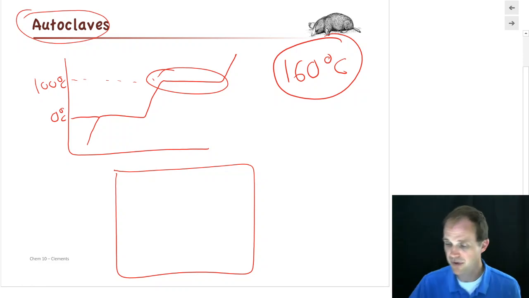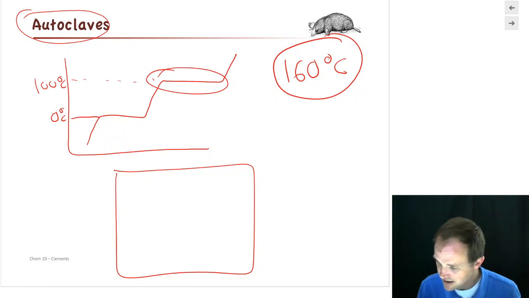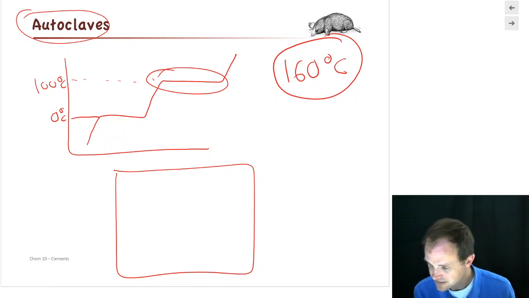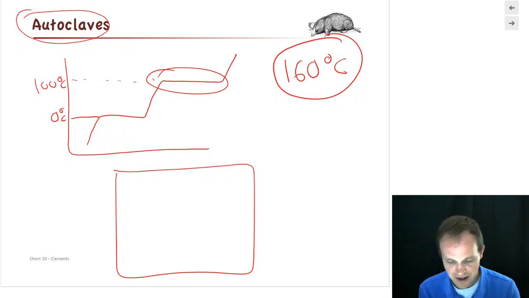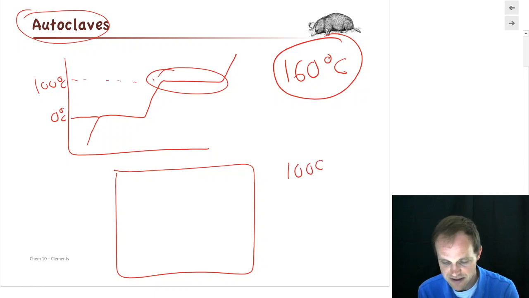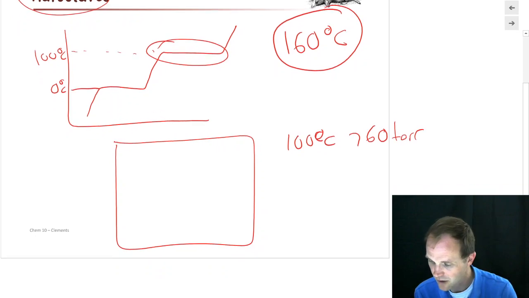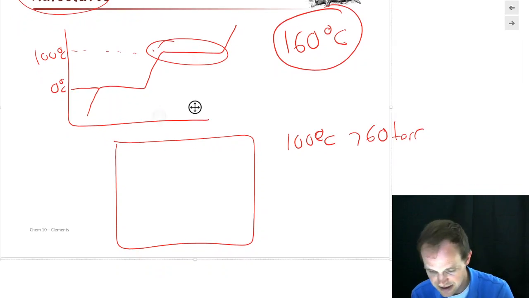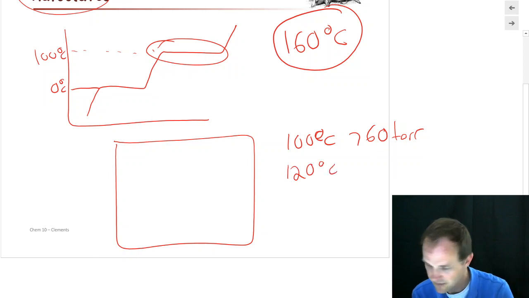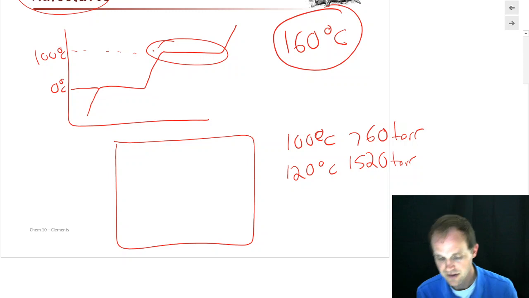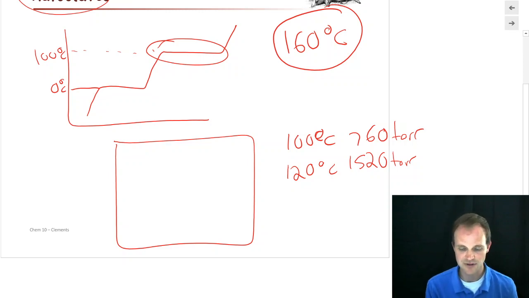Well, let's talk about pressure and vapor pressure. Remember, at 100 degrees Celsius, the vapor pressure of water was 760 torr. At 120 degrees Celsius, the vapor pressure is 1,520 torr. That is 2 atmospheres of pressure.